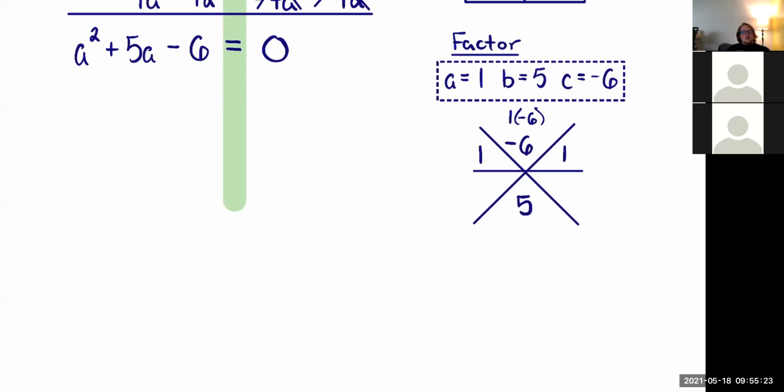So I want two numbers that multiply to equal -6 that also add to equal +5. -1, +6. So let's try it out. -1 times 6 is -6. -1 plus 6 is +5. Sounds good.